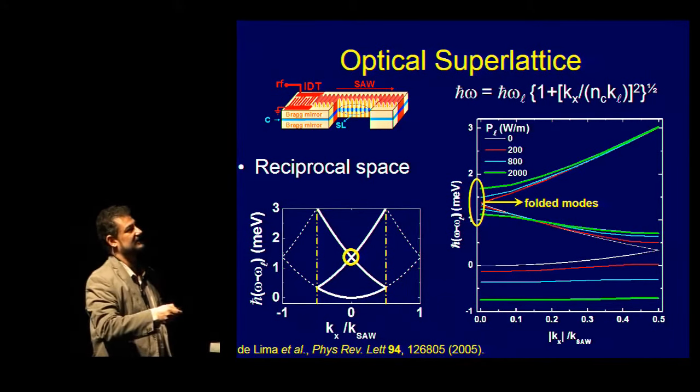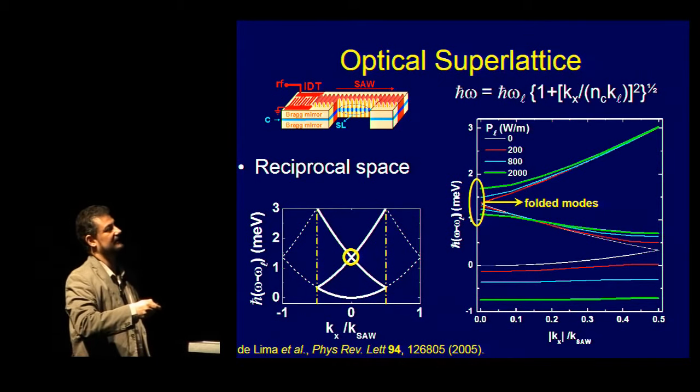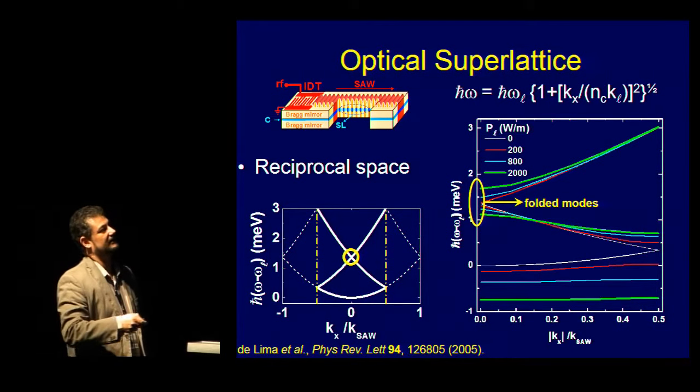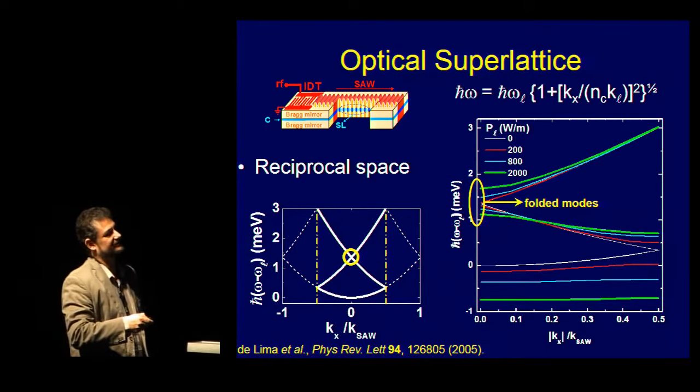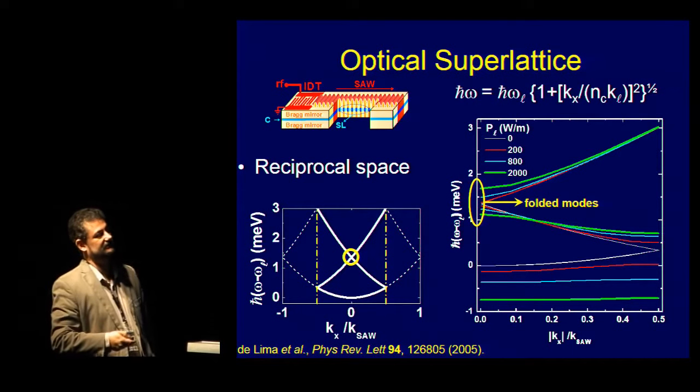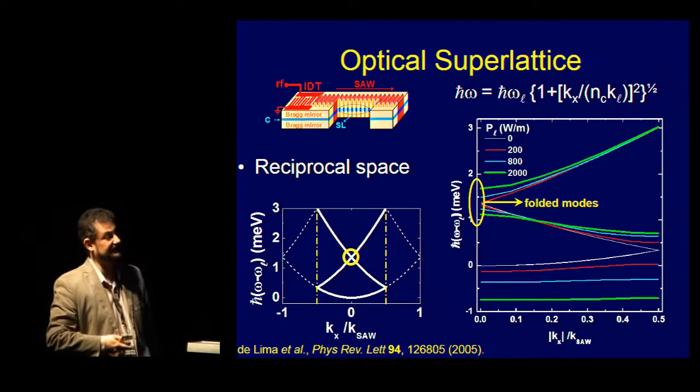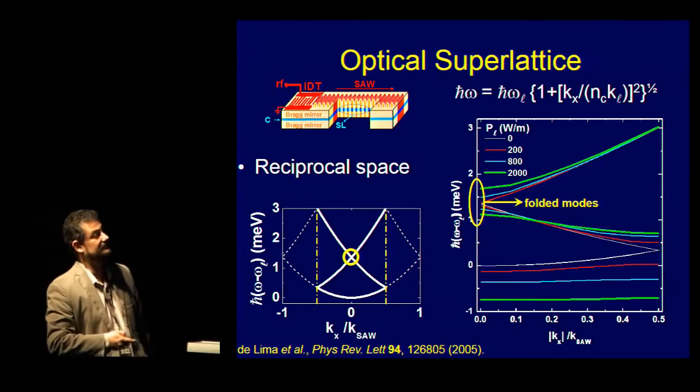If we start to incline the light, there is a dispersion curve that is more or less parabolic. Because we have this additional periodicity, this dispersion starts to fold in a mini Brillouin zone. Then the dispersion changes as we increase the acoustic power.